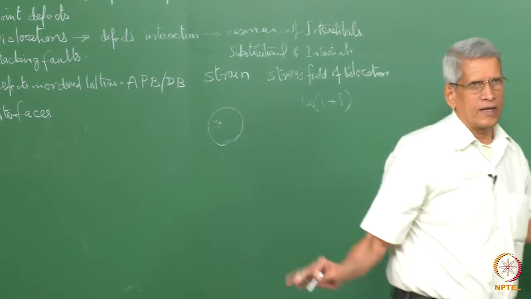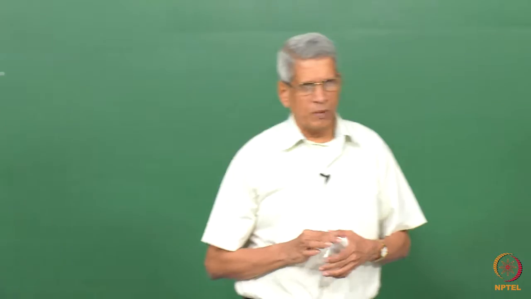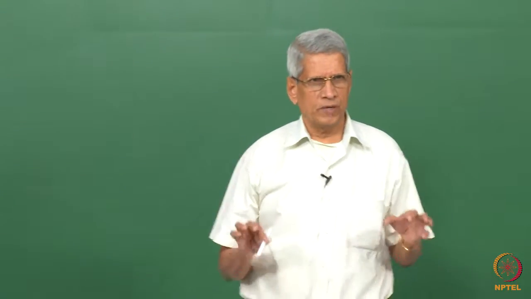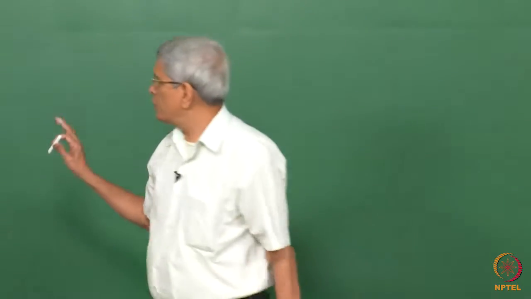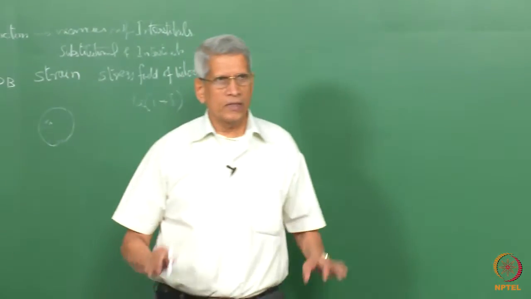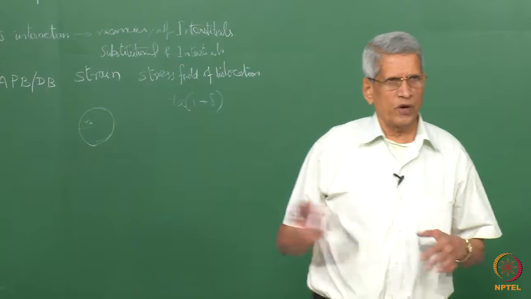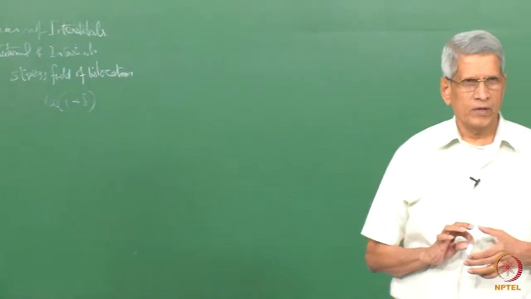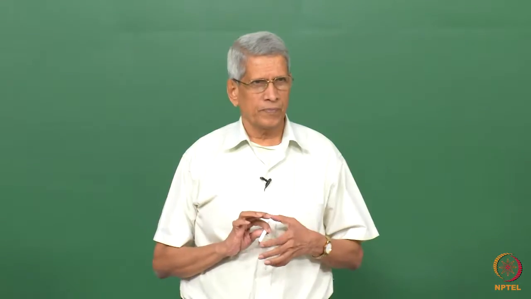That means it has a slightly larger lattice parameter. So this is the misfit. If I introduce this into this area, there is going to be a change in volume, the misfit volume change, which we can find out.